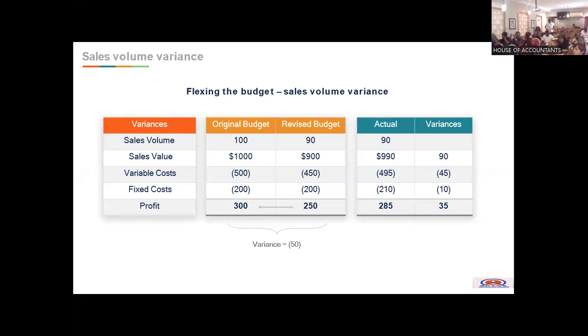If our sales volume that we want to produce is 100, but we now produce 90. The original budget is 100. Later we cannot produce 100, so let's quickly revise our budget. They now revise it to 90, and they actually produce that 90. It means there's no variance.